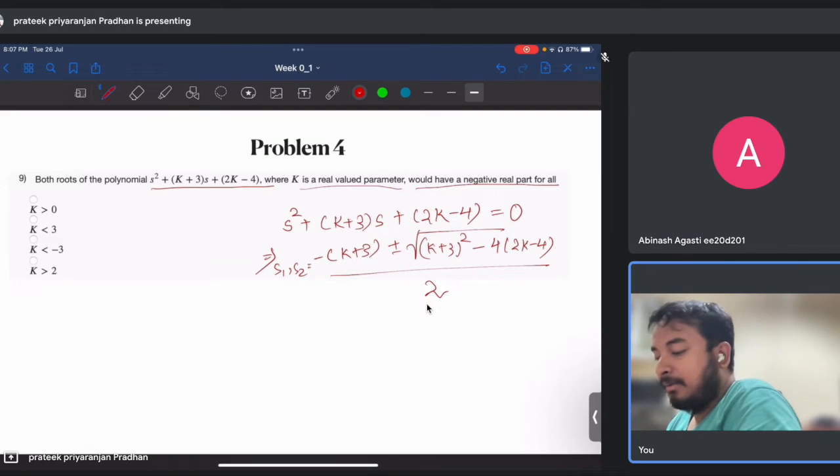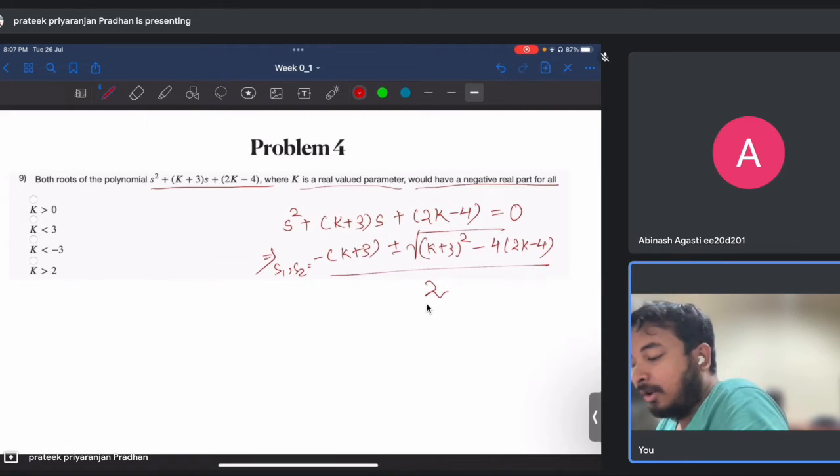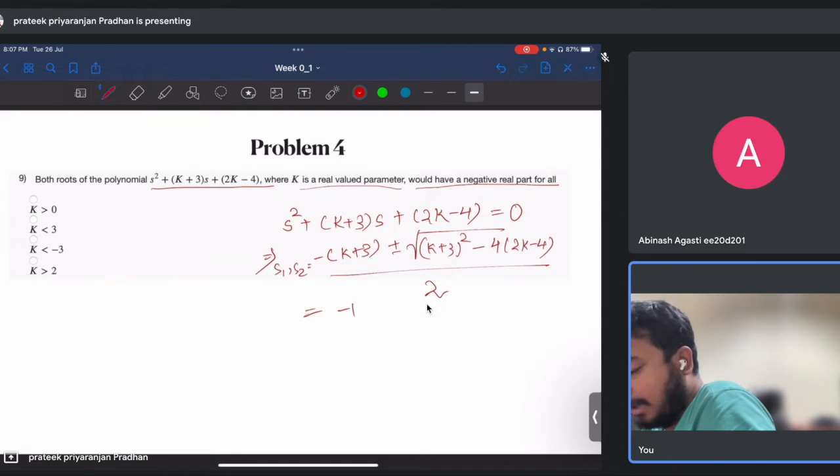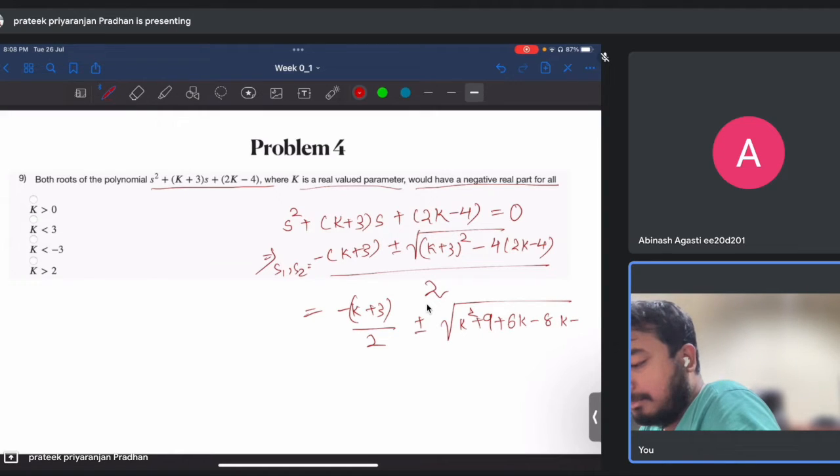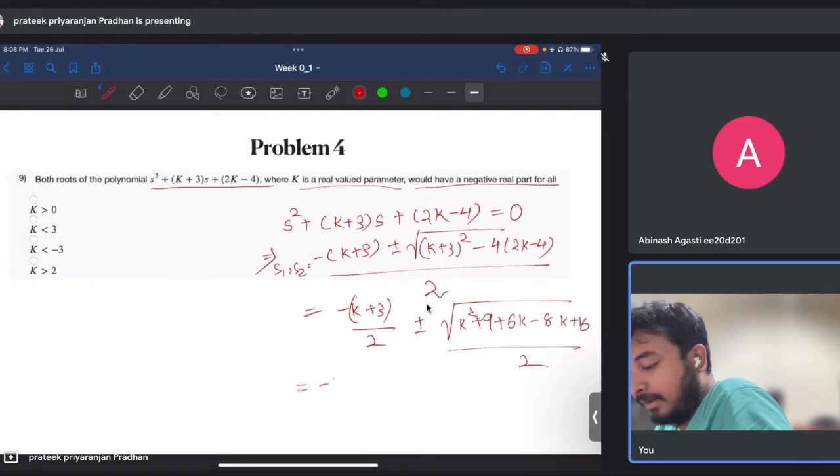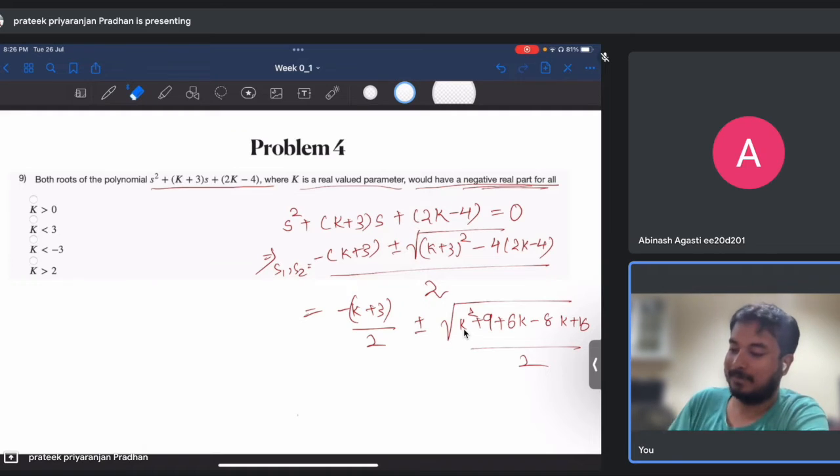So we will just check minus (k plus 3) divided by 2 plus or minus this. What is this? k square plus 9 plus 6k minus 8k plus 16, divided by 2. Very difficult example.